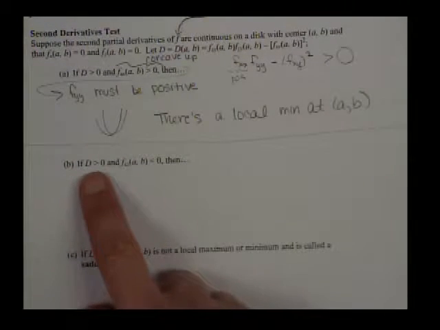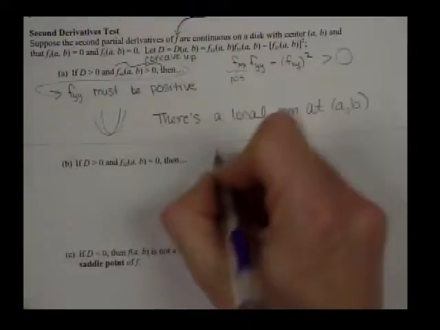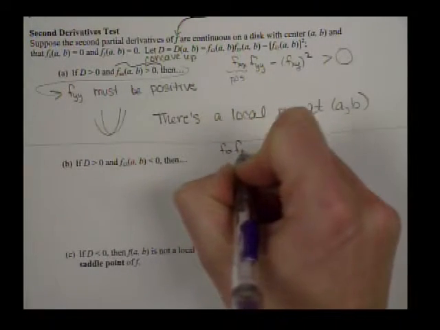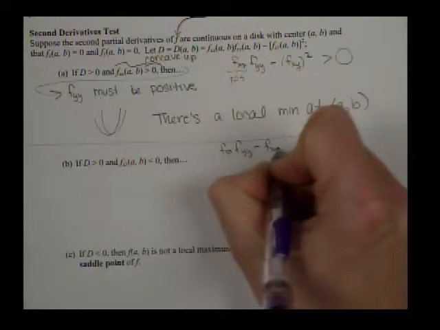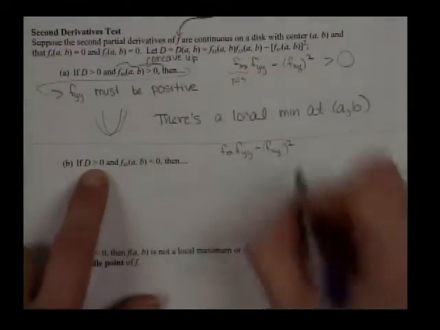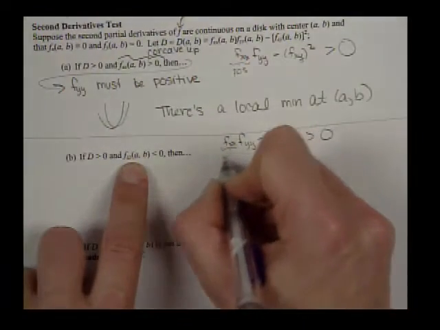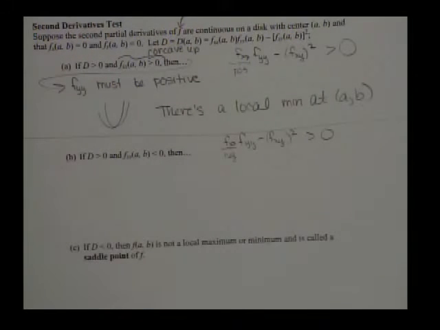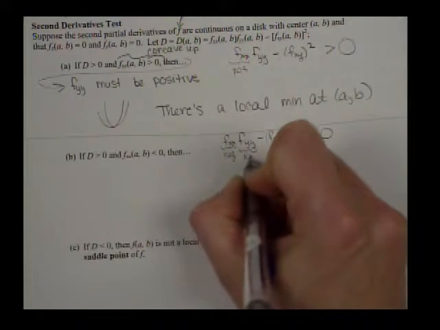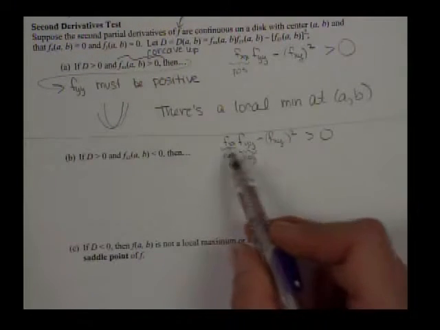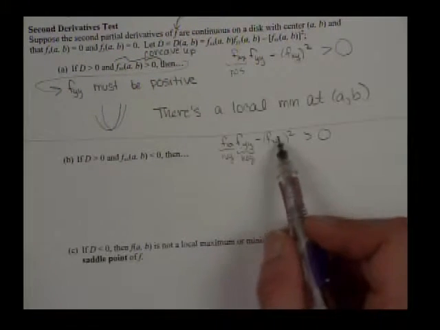Okay, and now let's look at this. I'm still thinking about f sub xx, f sub yy minus f sub xy squared. Again, they tell us it's positive, but this time they tell us that f sub xx is negative. So what must be true about f sub yy? It has to be negative, right? Because two negatives will make a positive. If this was positive, then we'd have negative times positive, which would be negative, and then subtracting a positive.